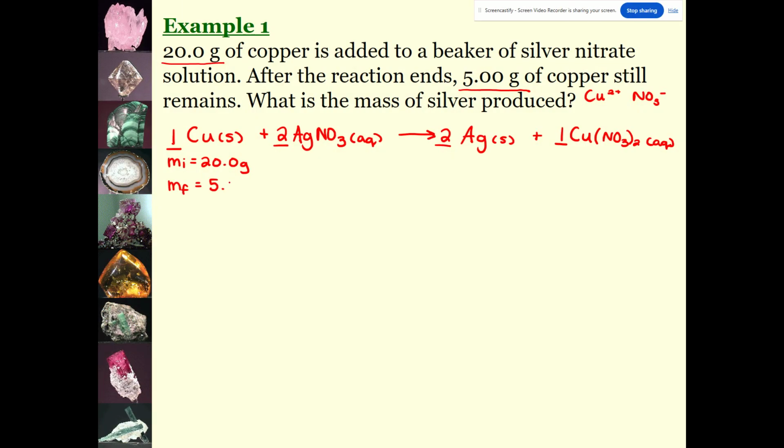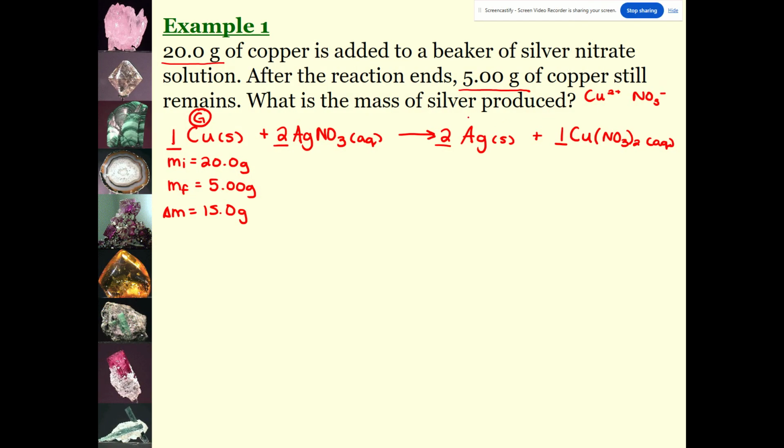So that's the final mass. So what we have to do again is subtract them to get the mass change. That would be 15.0 grams. That's the amount that actually reacts. Okay, so now we can use that as our given mass.